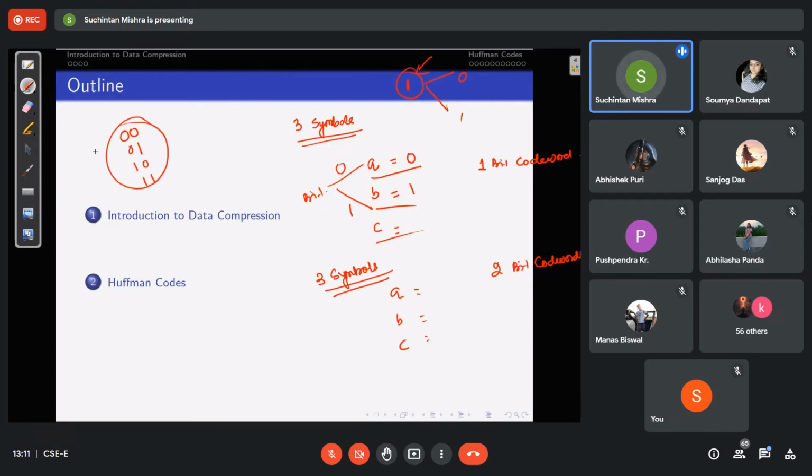So 4 different code words are possible. I can write A as 00, B as 01, C as 10. I still have 1 code word that is unused. But using 2-bit code words, I can represent all the 3 symbols using distinct code words. This is the concept of fixed length codes.